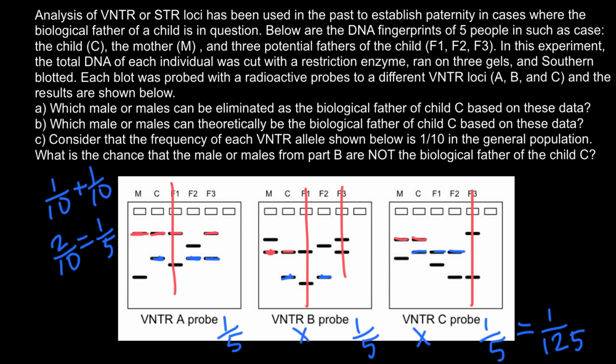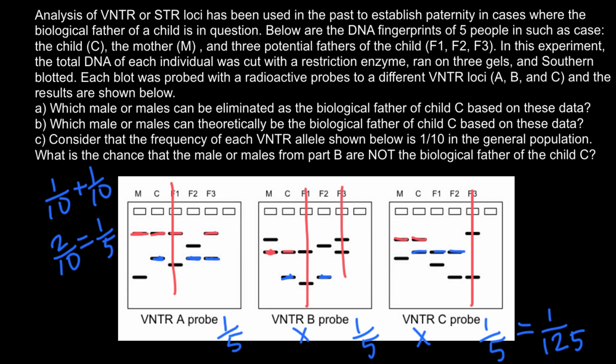So basically, when we have only 3 loci, we can say that someone cannot be a father. For example, F3 or F1 cannot be a father of the child. So we can exclude someone, but this is not enough exclusion power to include someone, to say that person number 2, F2, is a father of this child.